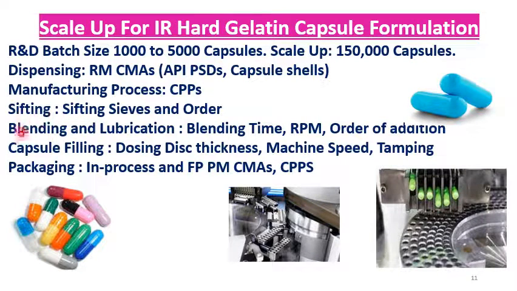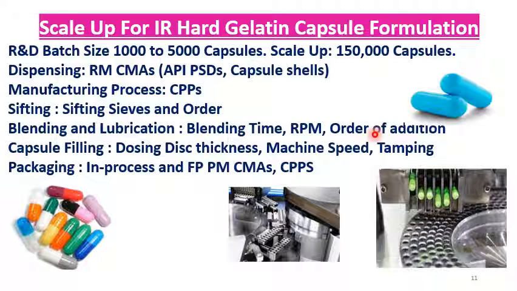Then coming to the blending and lubrication. In this, blending time, for example 10 minutes, and lubrication time, for example 5 minutes, can be given. The blending time and RPM will be critical process parameters, and these are challenged and evaluated during the scale up. Then order of addition, how the materials are added into the blender, is important for blending and lubrication.